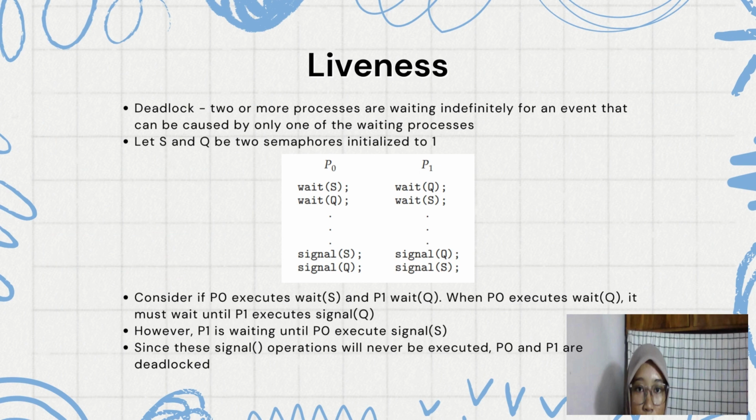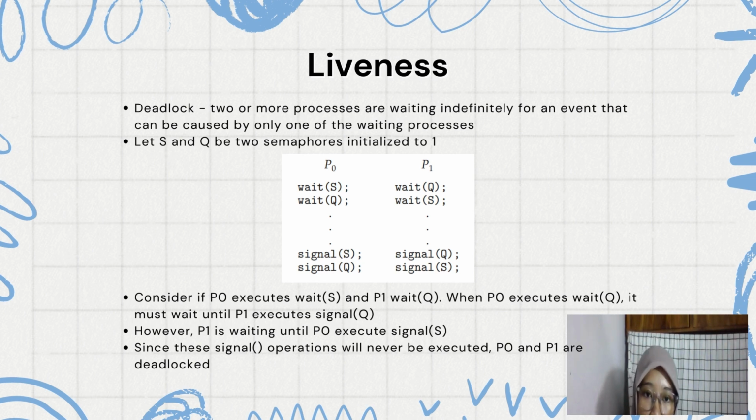An example of liveness failure is deadlock. It means two or more processes are waiting indefinitely for an event that can be caused by only one of the waiting processes. Let S and Q be two semaphores initialized to 1.